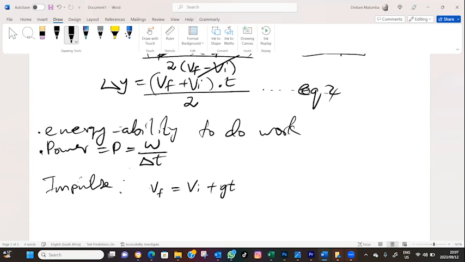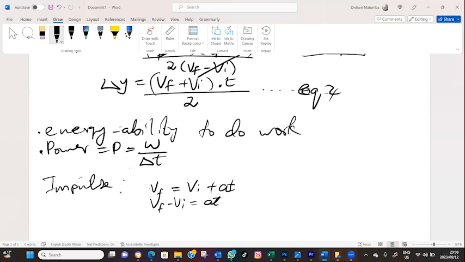Or let me write it as acceleration instead of g, but it's the same thing. Now, if you take v initial to the other side, you will have something of that sort.